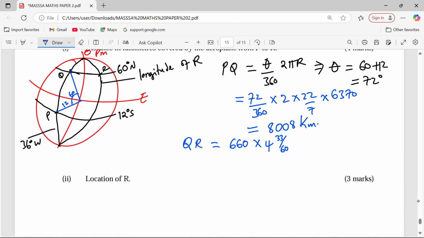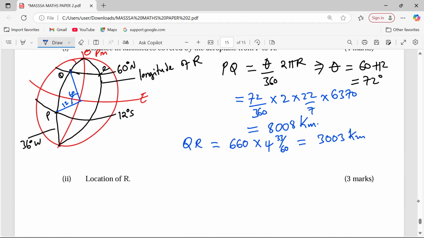So 33 over 60 is equal to 11 over 20. So 4.55 hours multiplied by 660, we get 3,003 kilometers.